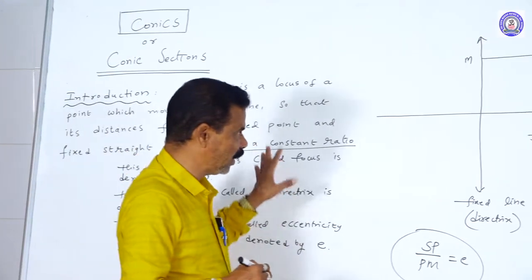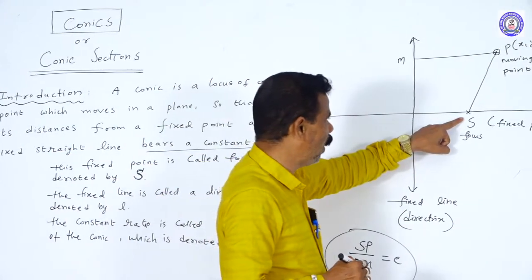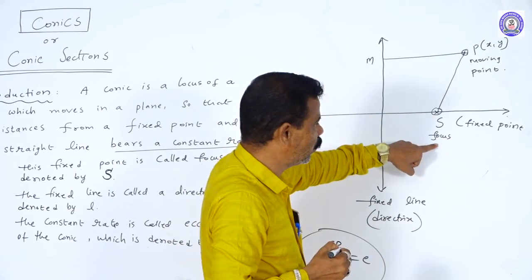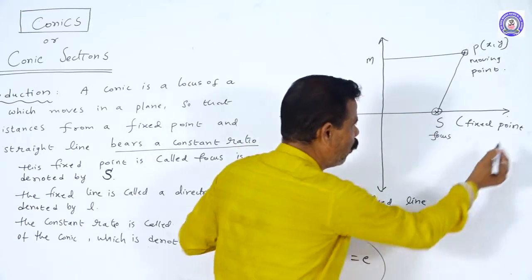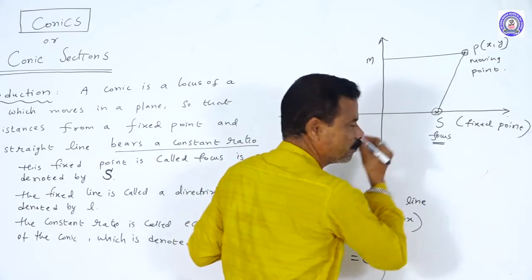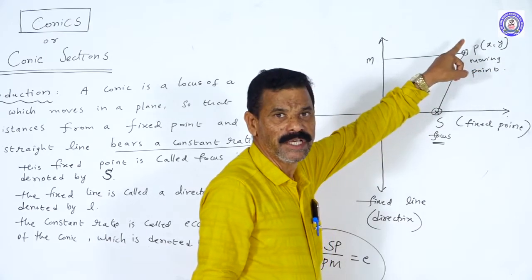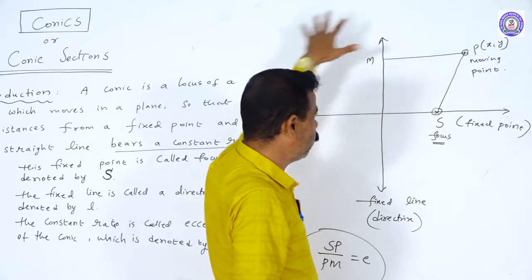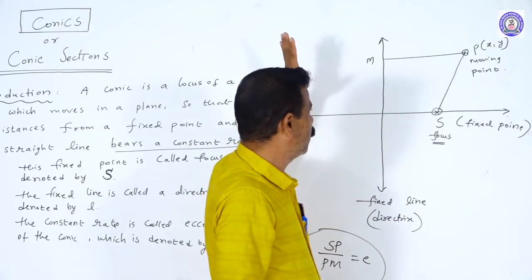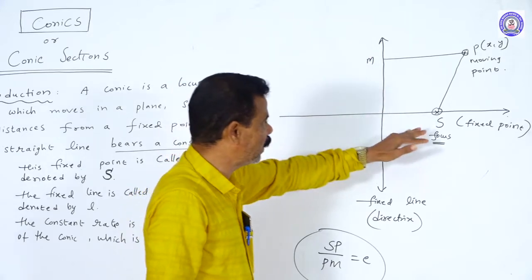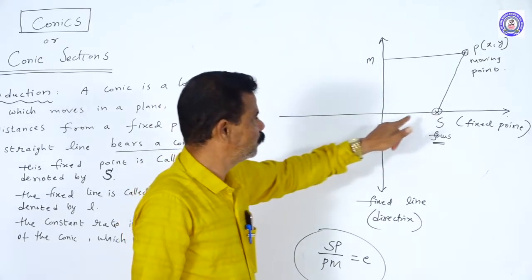Next, by the definition, we fix the point S. This is the fixed point, the focus. And P is a moving point in the xy plane. After that, we consider one straight line perpendicular to this axis.